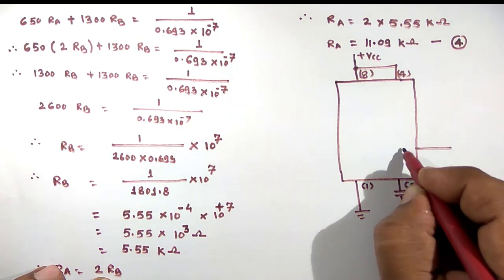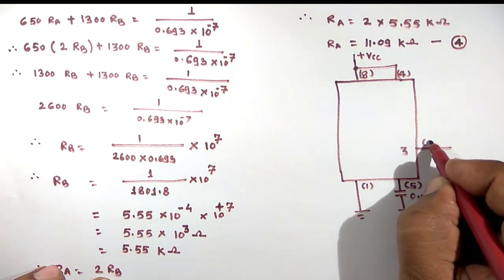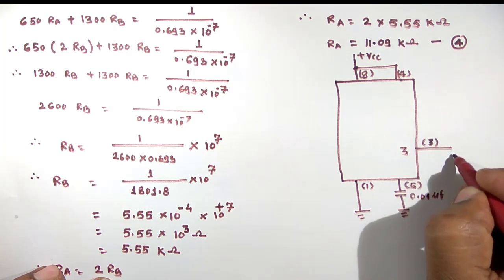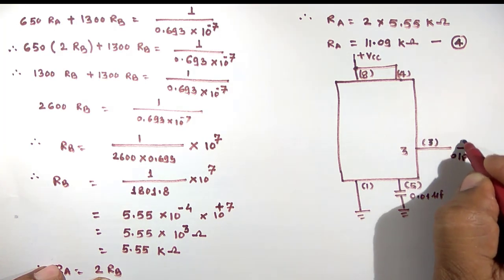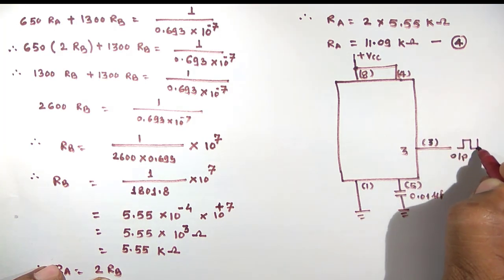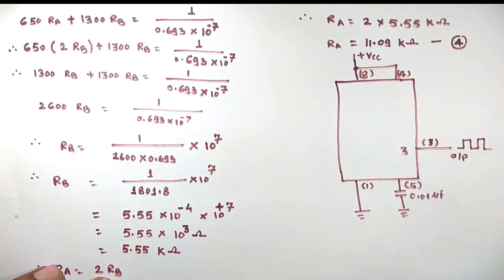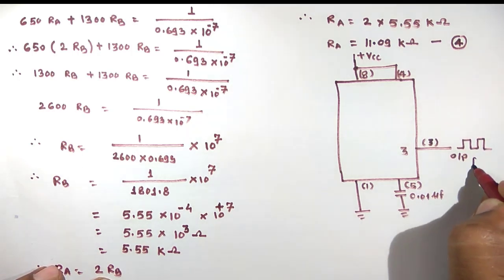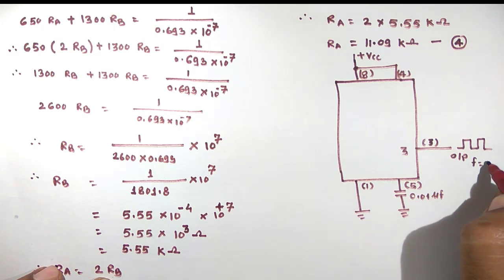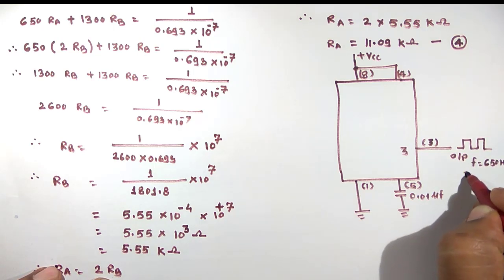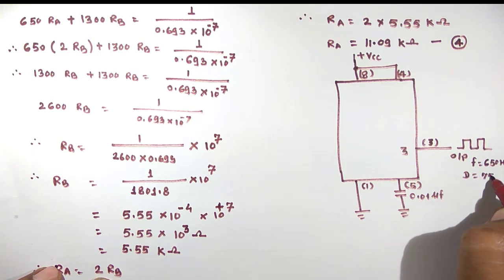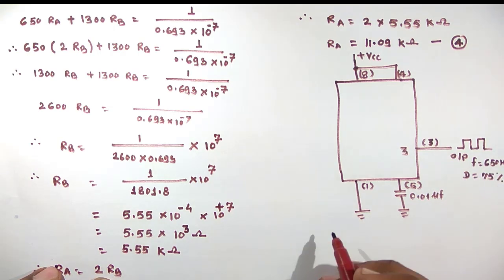Output is taken from pin number 3. So here we will get a square waveform having frequency f equal to 650 Hertz and duty cycle D equal to 75%.